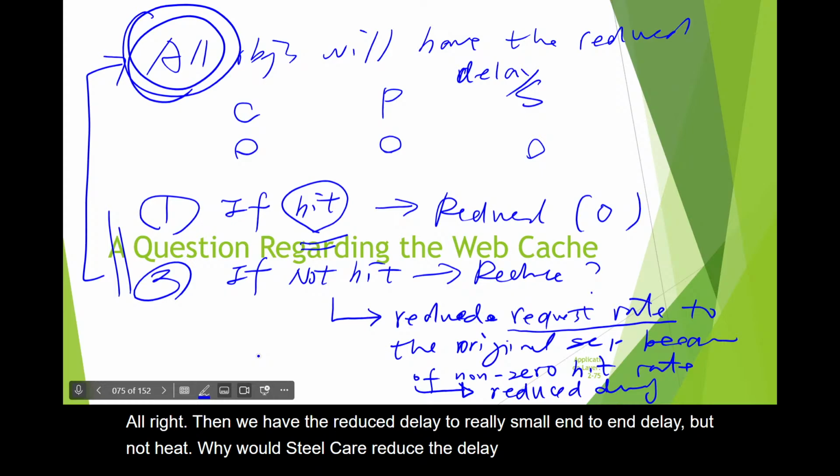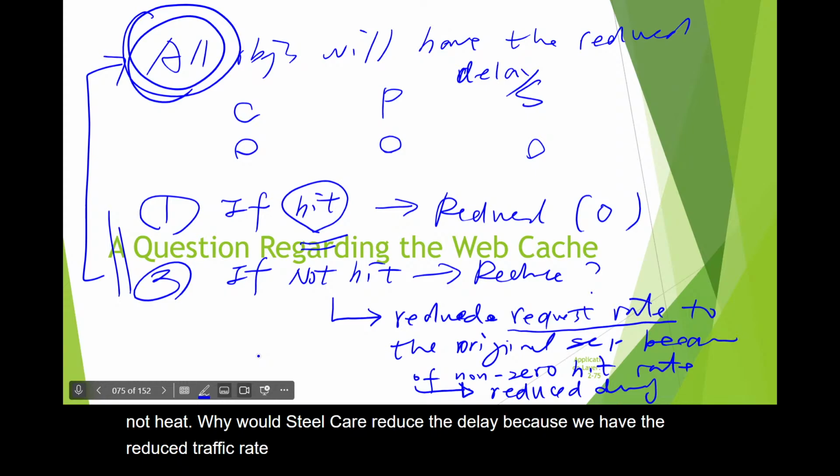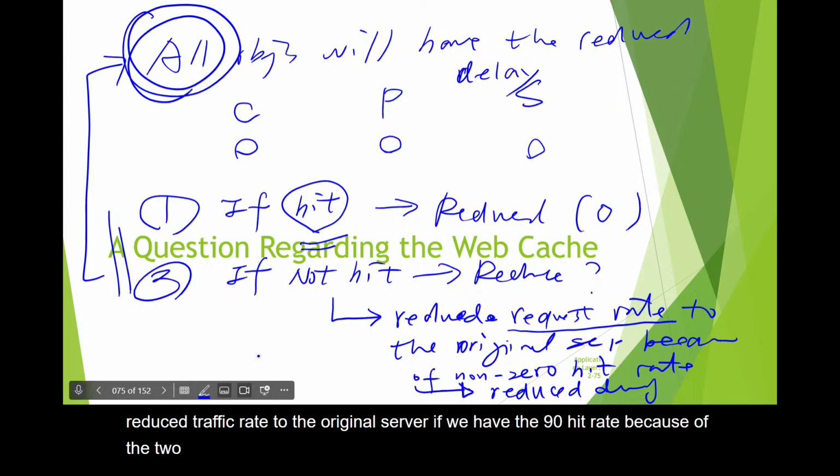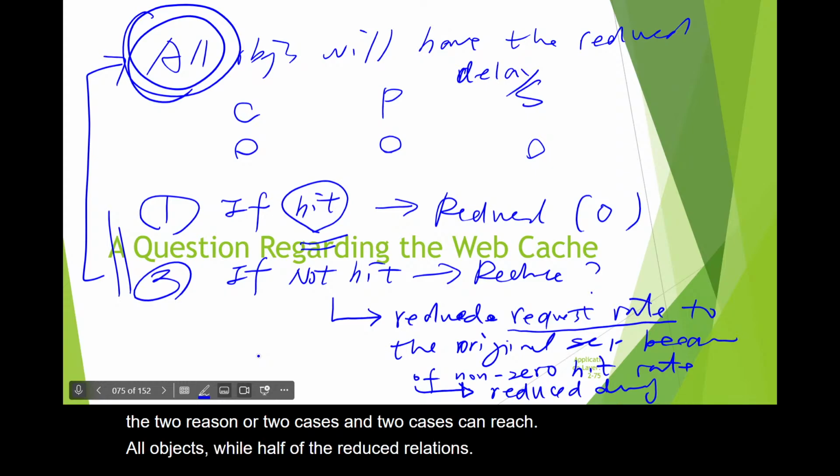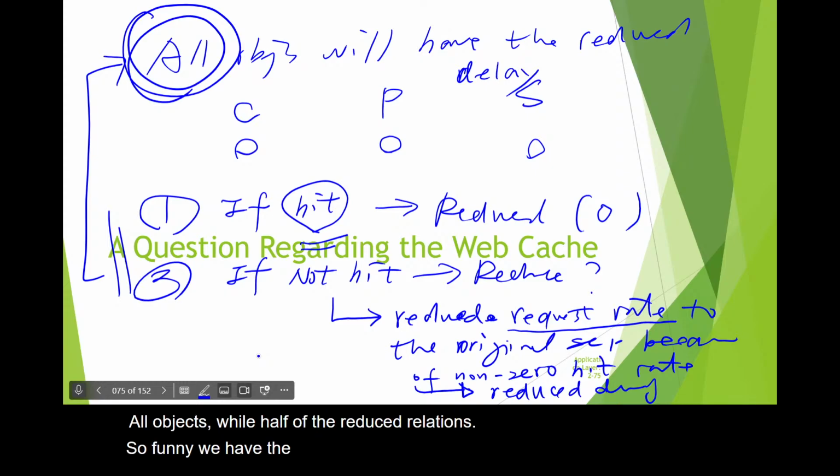Because we have the reduced traffic rate to the original server if we have the non-zero hit rate. Because of the two reasons or two cases, all objects will have the reduced delay.